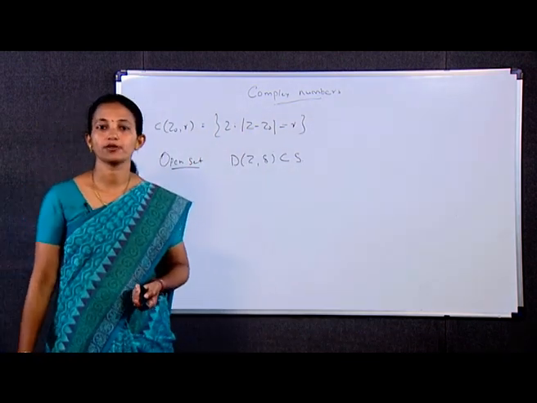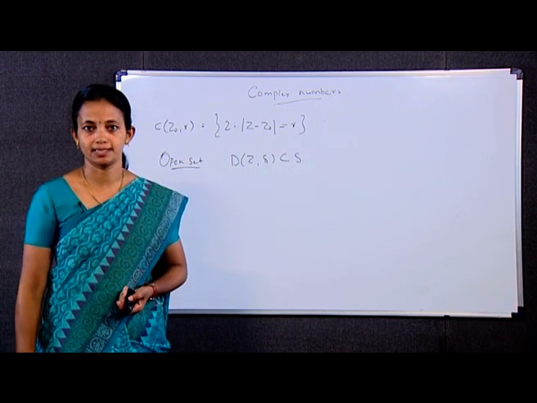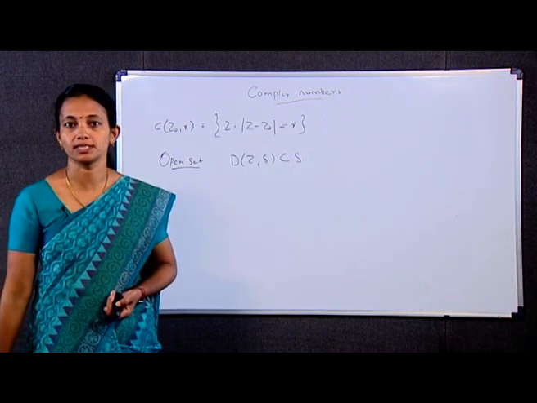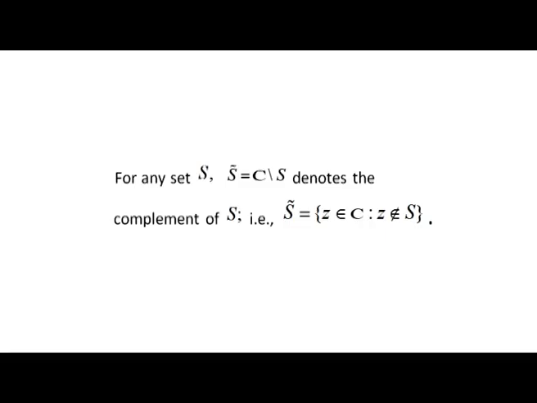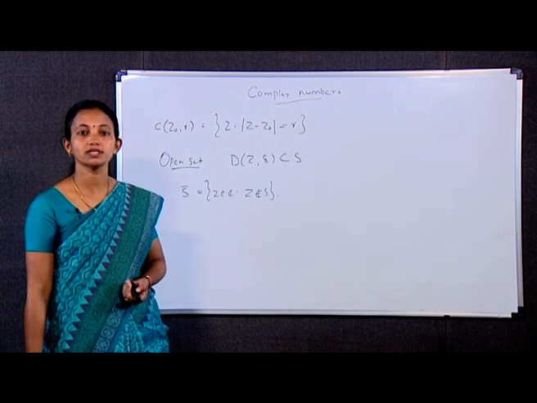Next we have the complement of a set. For any set S, the complement S^c is equal to C minus S, the collection of all z in C such that z does not belong to S. Next we have closed set.